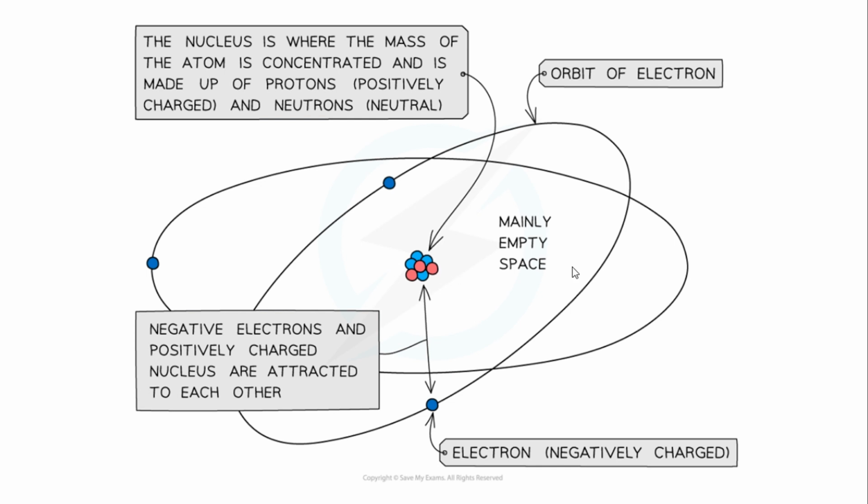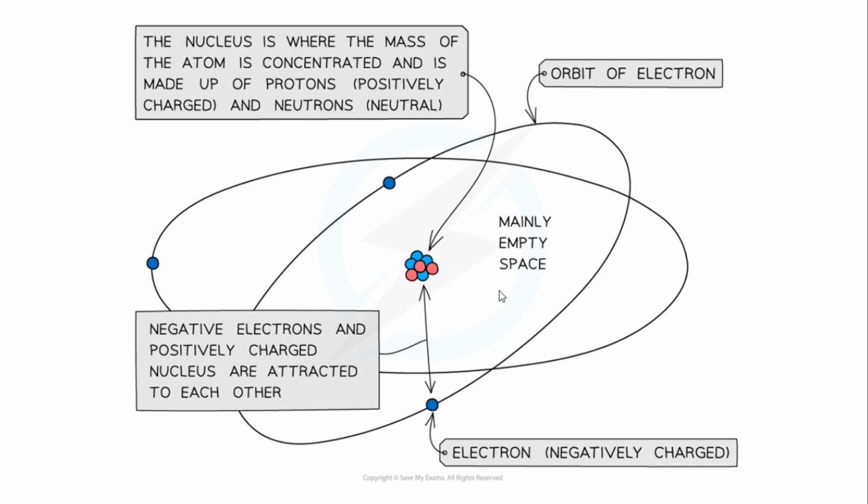And so electrons orbit the nucleus of the atom, contributing very little to its overall mass, because like we said previously, the mass of the electron is negligible. So it creates like a cloud of negative charge. Now the electrostatic attraction between the positive nucleus and the negatively charged electrons in orbit around that nucleus is what holds the atom together.